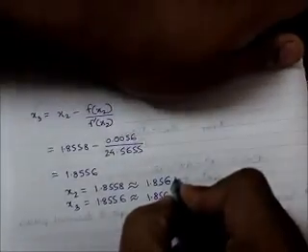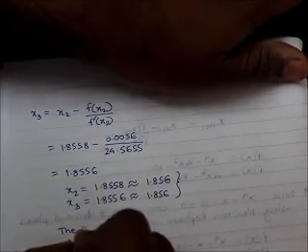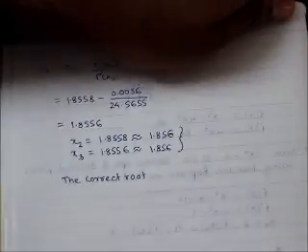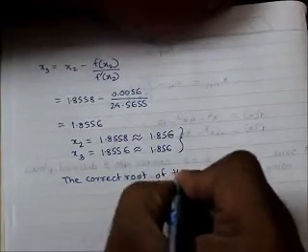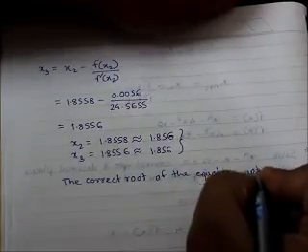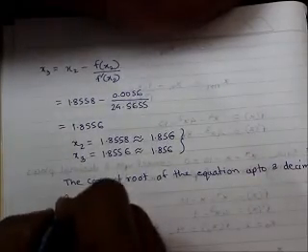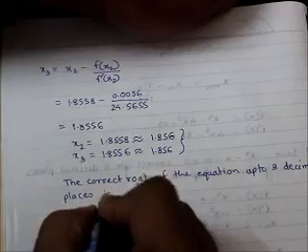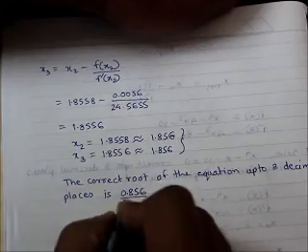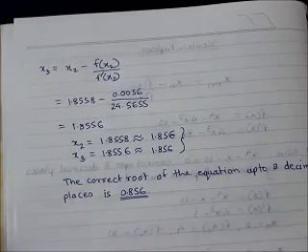So the two roots are equal, which means that the root is 1.856. Okay, so that's your answer. Easy, right? Easy and quick.